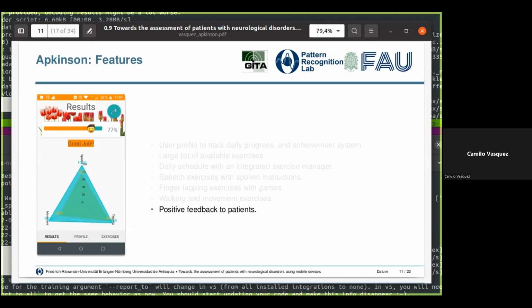We give positive messages to the patients about their score, and we compare the results in each component in different dimensions: speech, finger tapping, and global movement. And we show their results and compare them with a group of healthy controls.